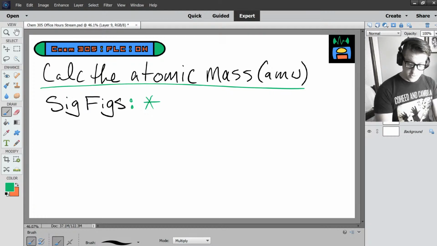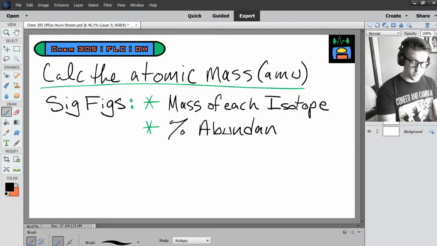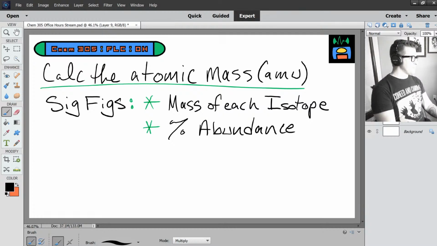The mass of each isotope is measured, so you should take that into consideration. And the second thing you have to watch out for is that the percent abundance is also a measured quantity. Those are the two things you have to watch for when it comes to sig figs.